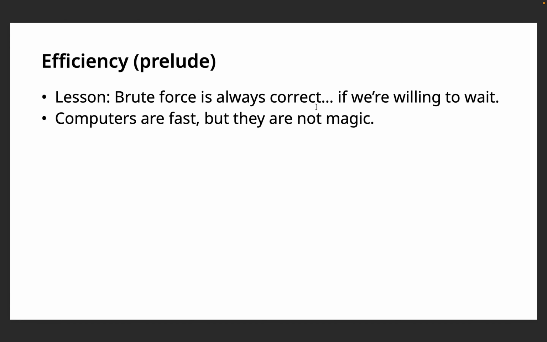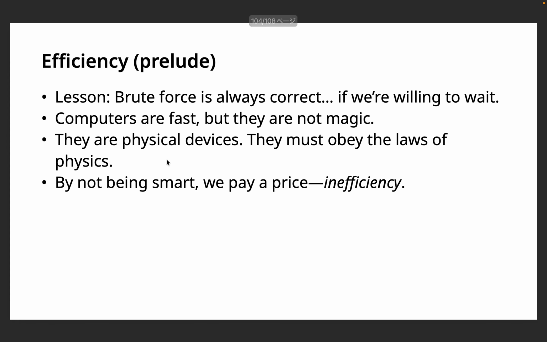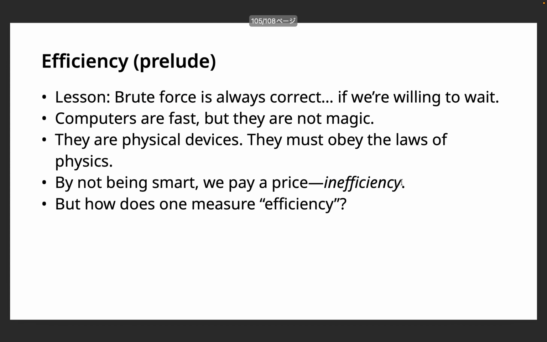What comes into play here is the fact that although computers are fast, they are not infinitely fast. They're computers at the end of the day. They obey the laws of physics. These are physical objects, so they have their own limitations. So brute force comes at a price, and that price is what we call inefficiency.